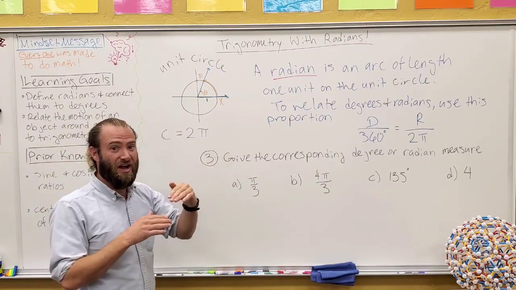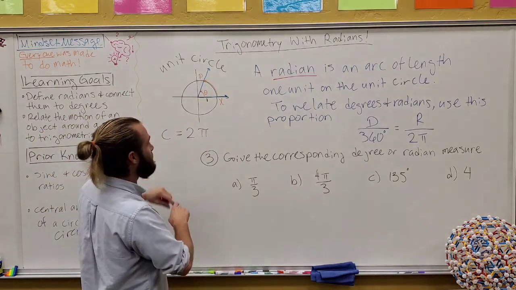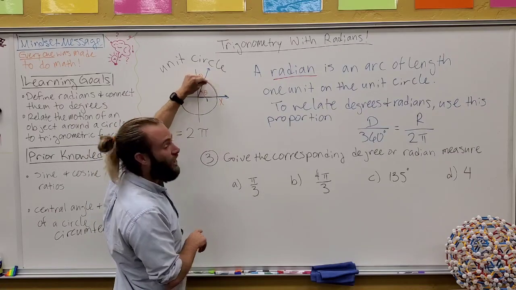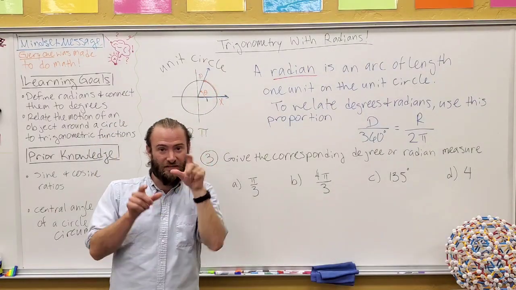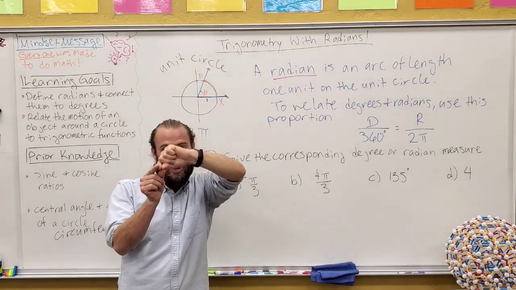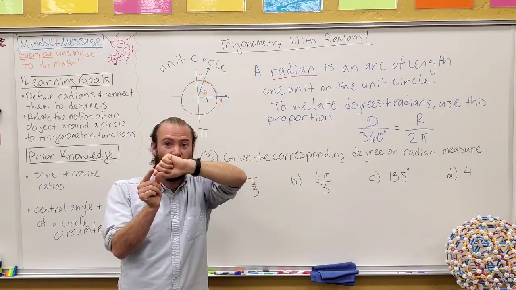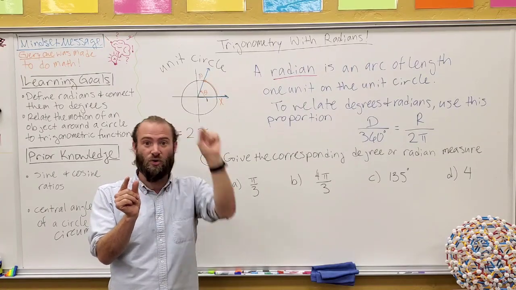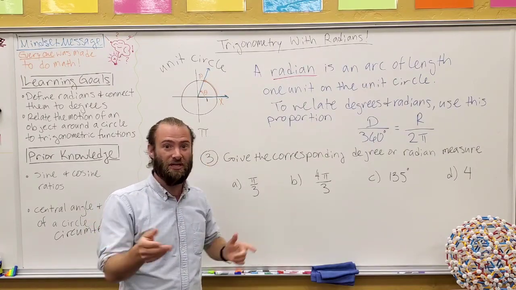So what you can think of is taking that radius and cutting it out and wrapping it around the circle, however far that is, right? So 2 pi radii literally will go around the circle, hence the name radians.